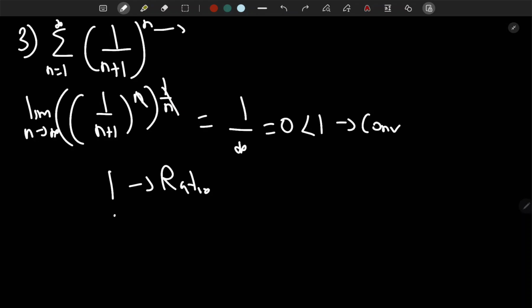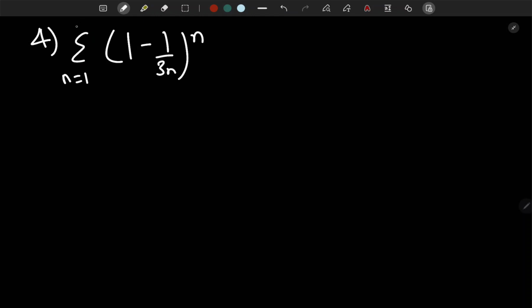So now let's do another example where the root test does not work. So question number 4, the series from n equals 1 to infinity of (1 minus 1 over 3n) to the power of n. Just pause and try to do this yourself.